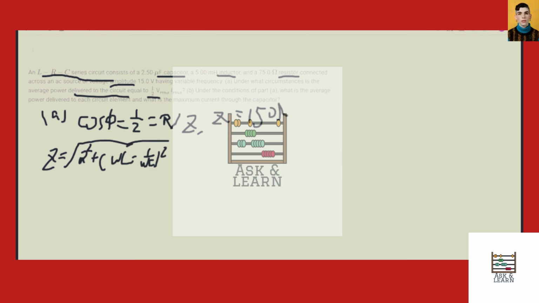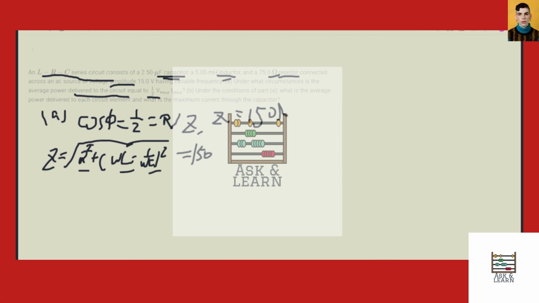This is Z, which equals 150 in this problem. In this expression, we already know R, which is 75 ohms, and we know L and C also. So the only unknown variable is omega, and we can solve for it from this equation.